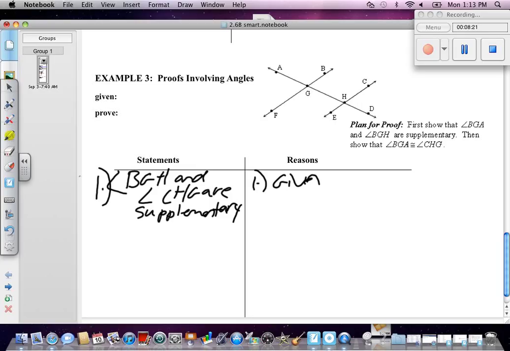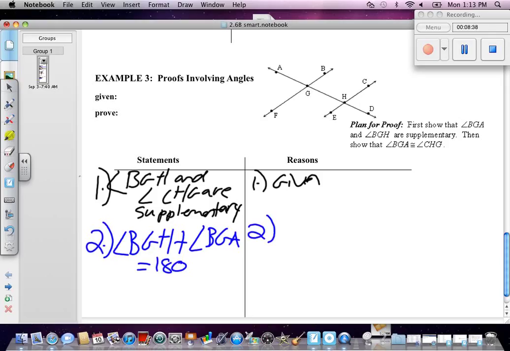Now I'm going to say that angle BGH plus angle BGA equals 180, and we call that linear pair postulate.